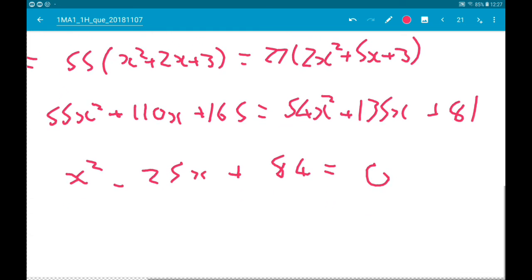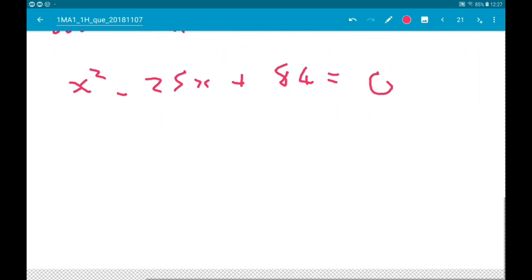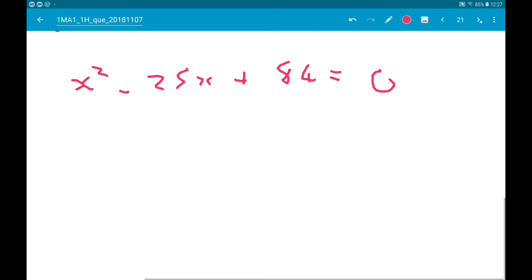Okay, so now we need to try and factorize this. So, what adds together to minus 25 and multiplies together to positive 84? Both numbers are going to need to be negative.